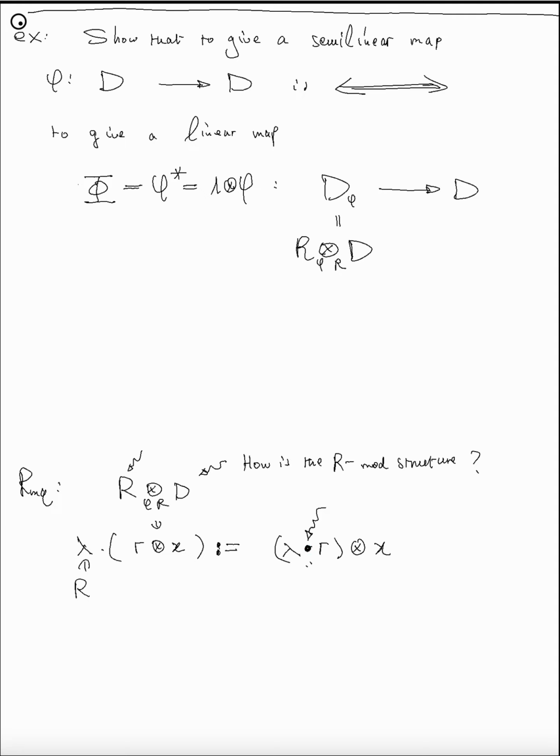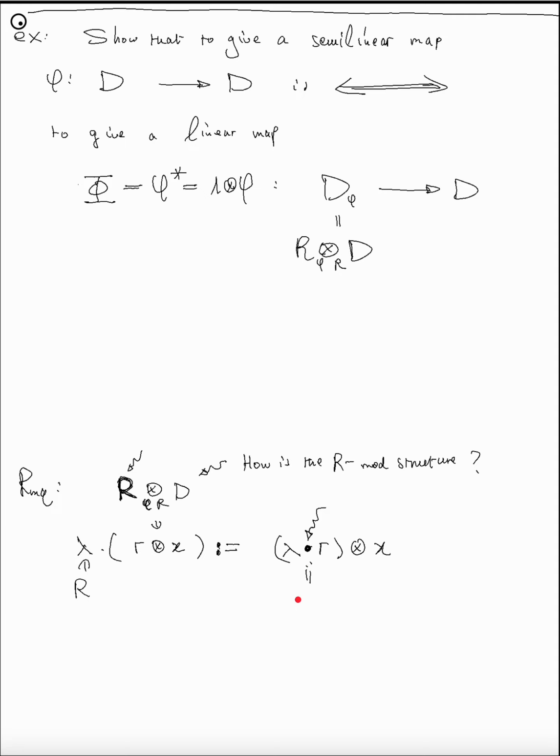No, I'm looking at this R as an R module itself, but through the map phi, which means we really want to take element lambda acting on the element of R in the left component part.